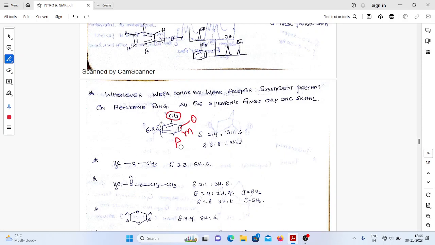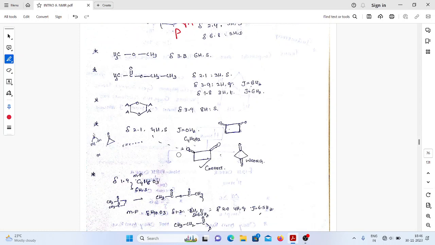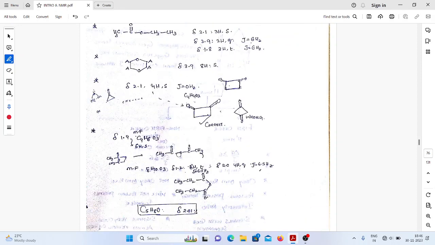So you get only one signal for the benzene nucleus containing 5 protons. All the 5 protons will appear as one signal. Here are some examples. At the end of the chapter, we will have a brief discussion about problem solving related to NMR. In the meantime, you can take these examples and try.